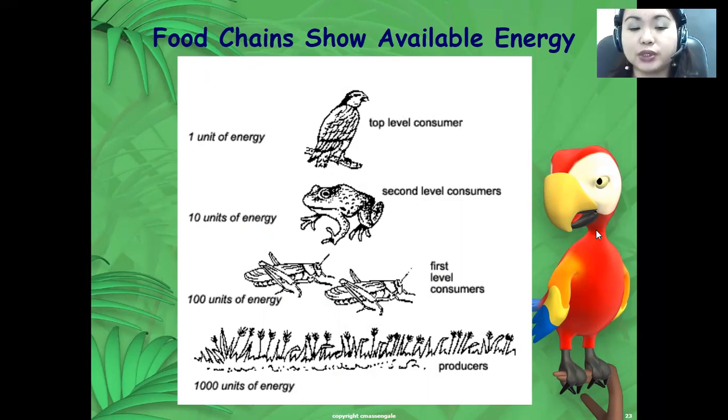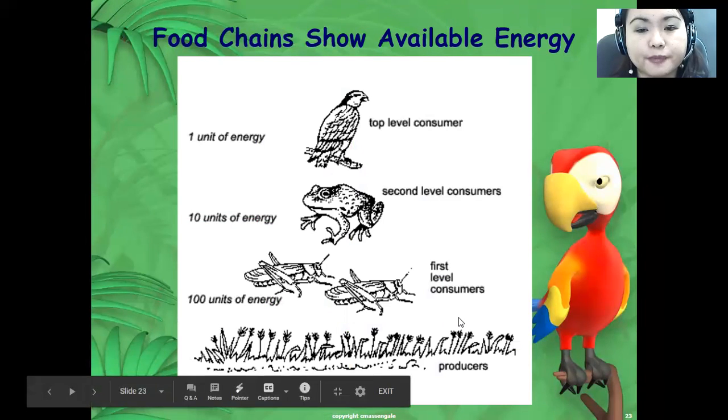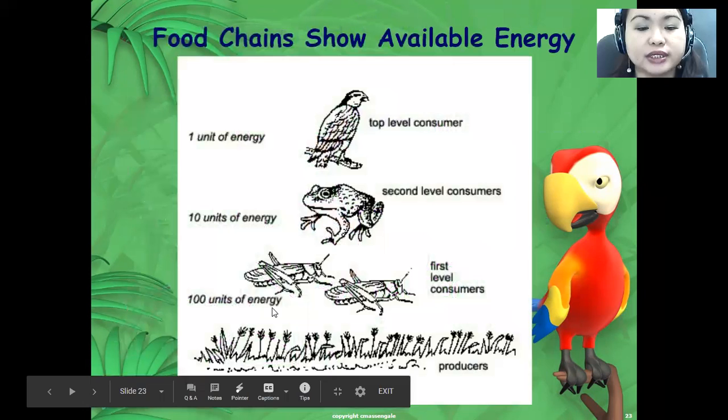According to the second law of thermodynamics, once energy is transferred, it gets lower and is lost through heat. So the top level contains 1 unit of energy, while the second level consumer has 10 units of energy, and the first level consumer has 100 units of energy, while the producer contained 1,000 units of energy.